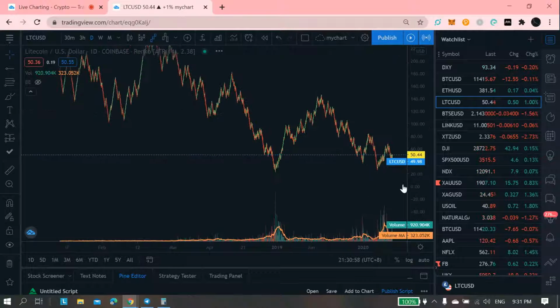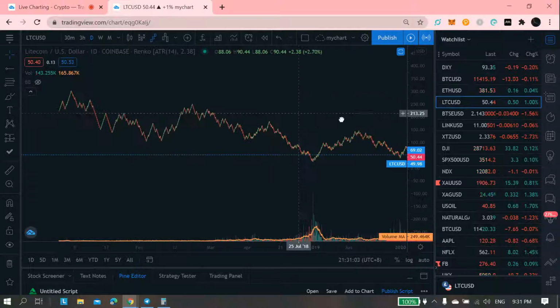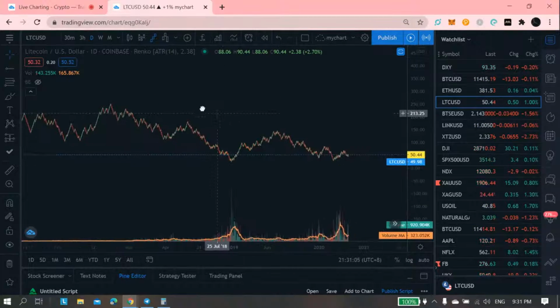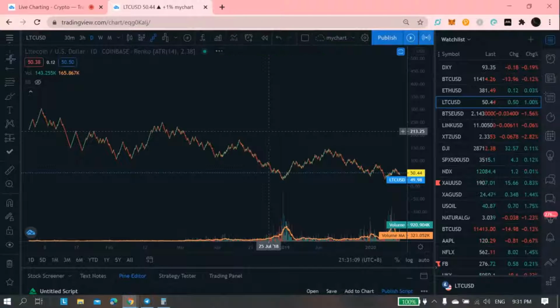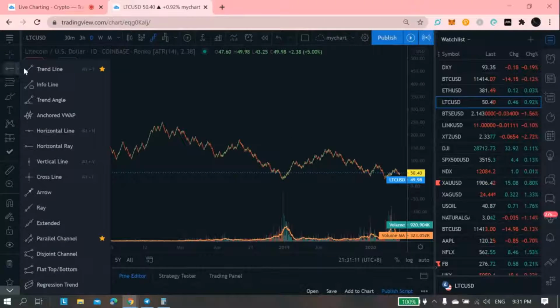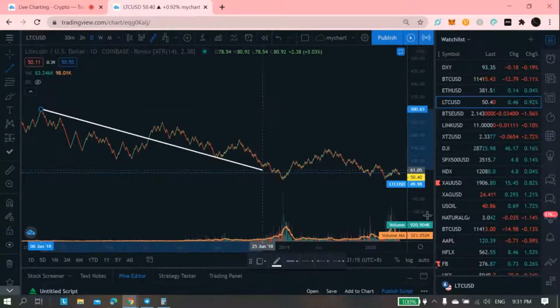So let's look at the whole chart. This is the highest, the 300 area.